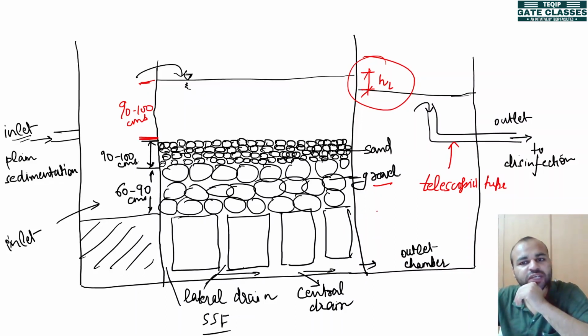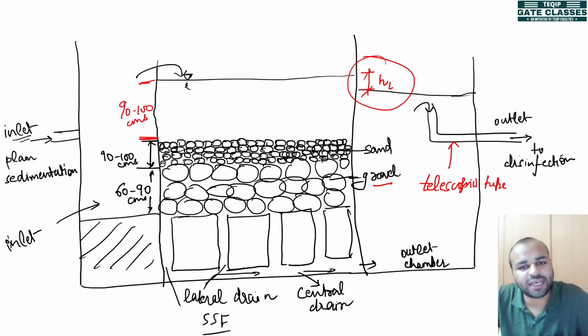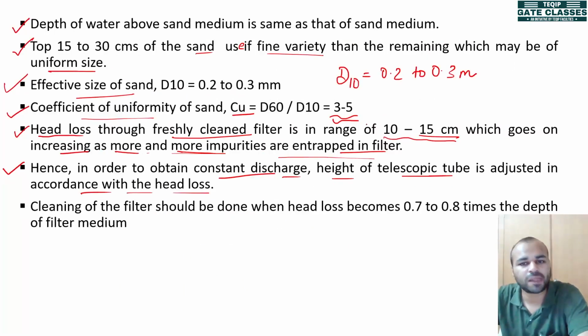Once again we are giving the water a chance: in case there are any suspended solids left, or if due to heavy flow or turbulence any particle percolates through, it might not be able to enter through this telescopic tube. So we adjust the height according to the head loss.